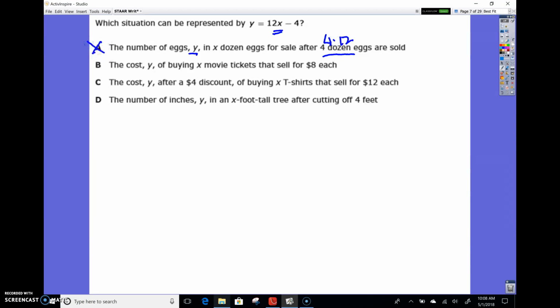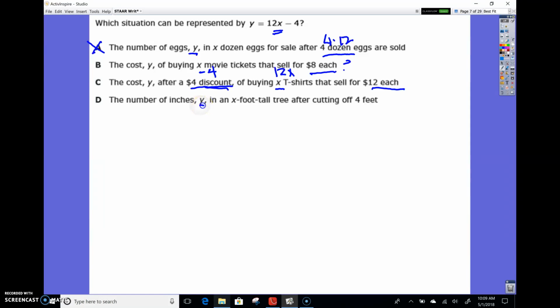The cost y of buying x movie tickets that sell for $8 each. Again, where did they get the 8 from? The cost y after a $4 discount, so that's minus 4 because of the word discount, of buying x t-shirts that cost 12 each and x. That looks good right there.